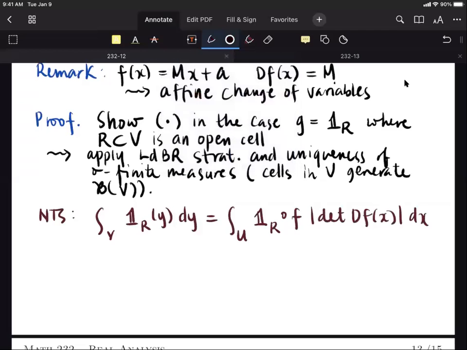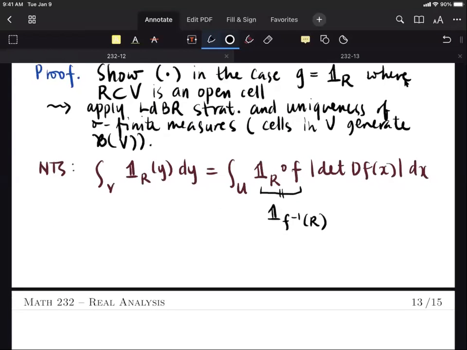Okay, however, take note that this one, as before, is nothing but the characteristic function of the inverse image of R. So therefore, what we need to show is equivalent to the following. The integral over R, dy, by the definition of the integral over a measurable set.